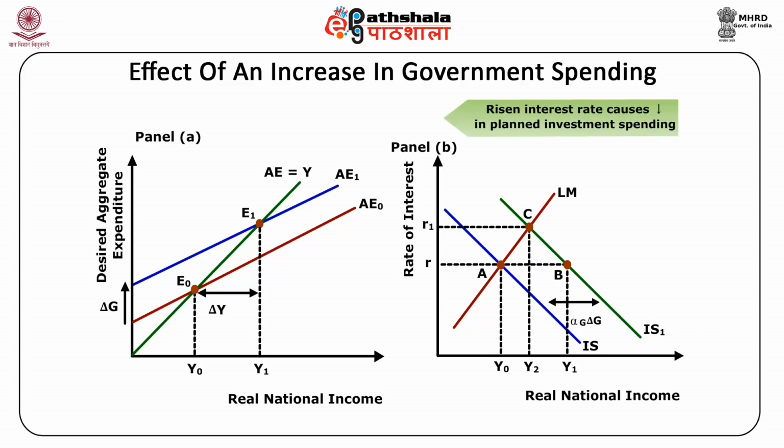As the interest rate rises, it causes a decline in planned investment spending because investment is sensitive to interest rate changes. Investment, which is a component of AE, falls because it is inversely related to the interest rate. This leads to a fall in output from Y1 to Y2.